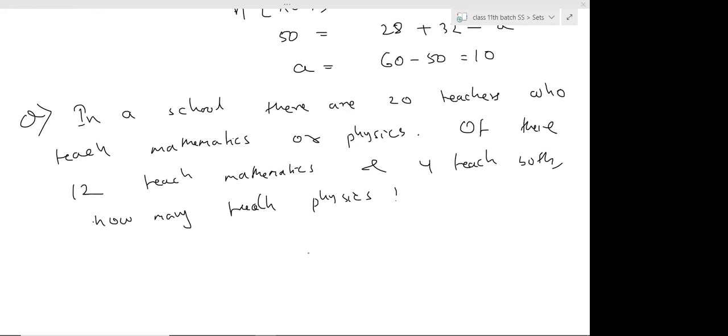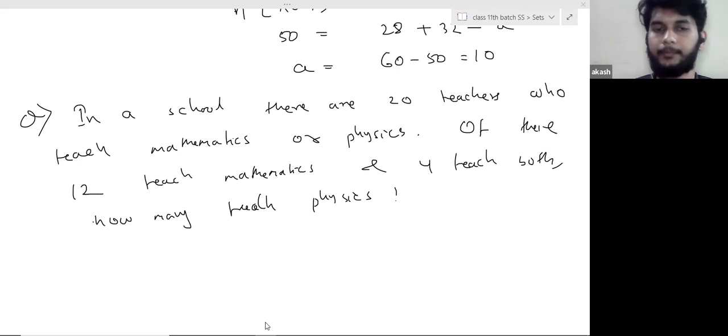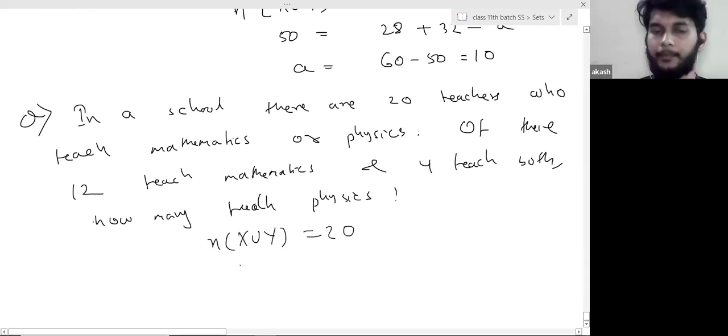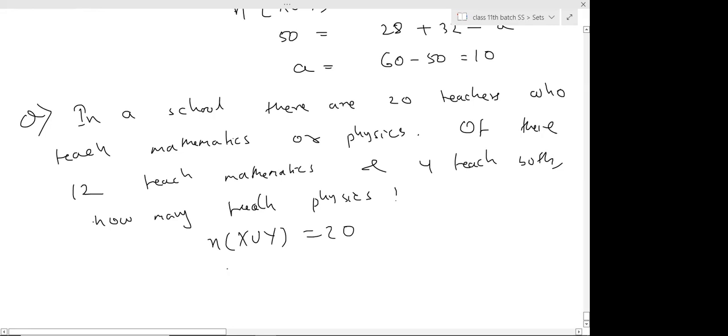So it's 4. All right. Can you tell me how to solve this? So if we take teachers that teach mathematics as X and the ones that teach physics as Y, so n of X union Y is 20, and n of X intersection Y is 4, and n of X is 12.